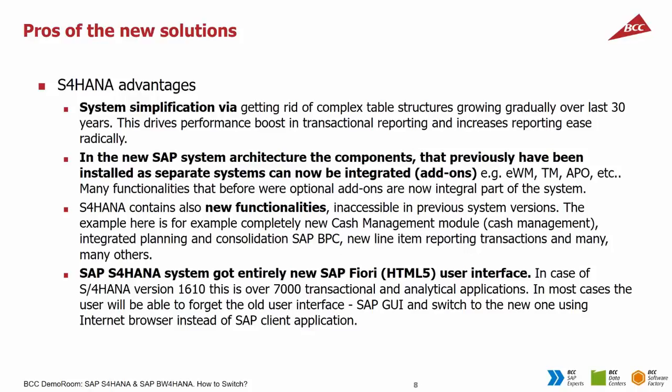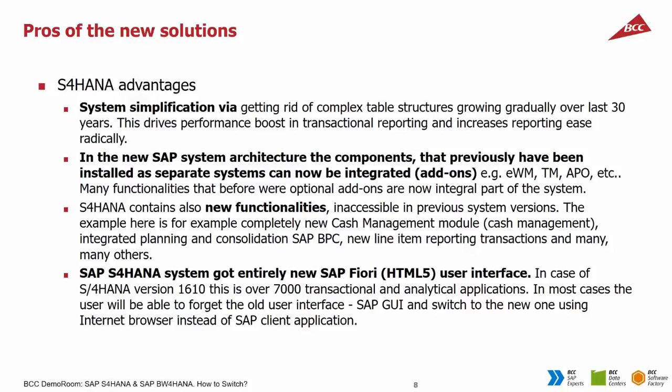S/4HANA contains also a lot of new functionalities built into the system. For example, new cash management in financials, planning and consolidation that is integrated with all the financial logistic models, and it's built into the S/4HANA installed within the system.